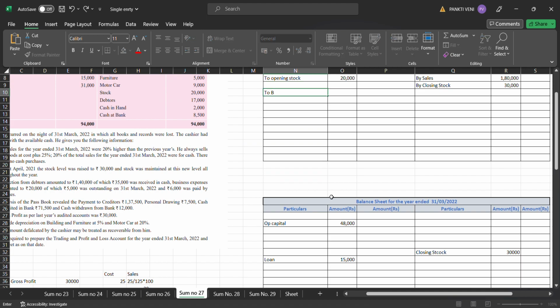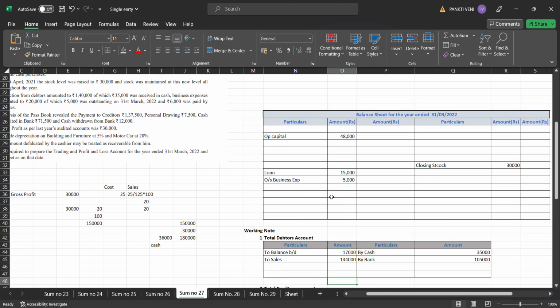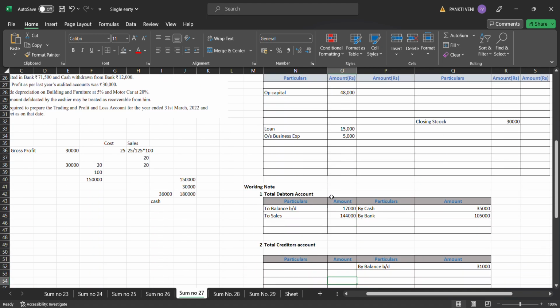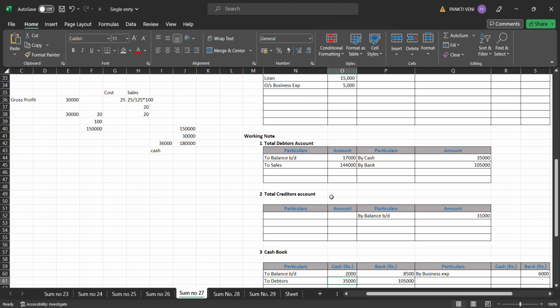Sorry, by mistake I showed this here. It will come here to business expenses, 20,000. Outstanding business expenses, I'll show it here, 5,000. Done. So this part is done.